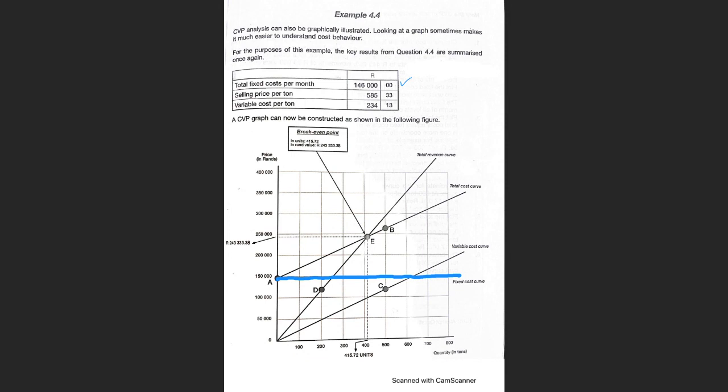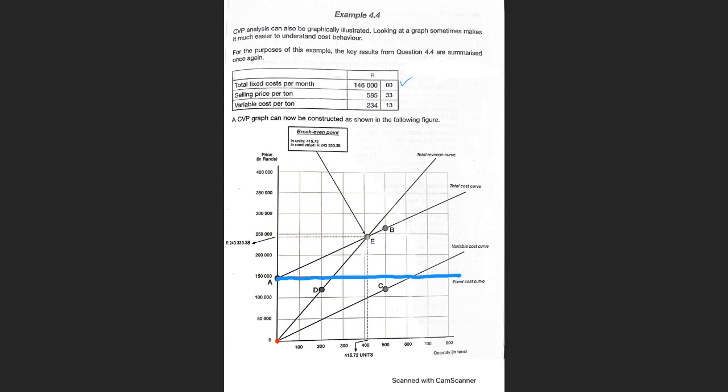Then we have the next one, your variable cost curve. With your variable cost curve, the first thing that we need to note is that it will always start at the origin. So you have one set of values that you can use to plot down that graph. This is because if we're producing 0 units, then there is no variable cost.